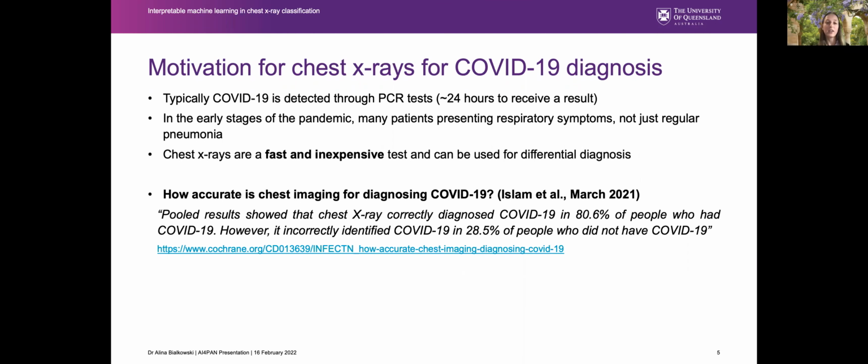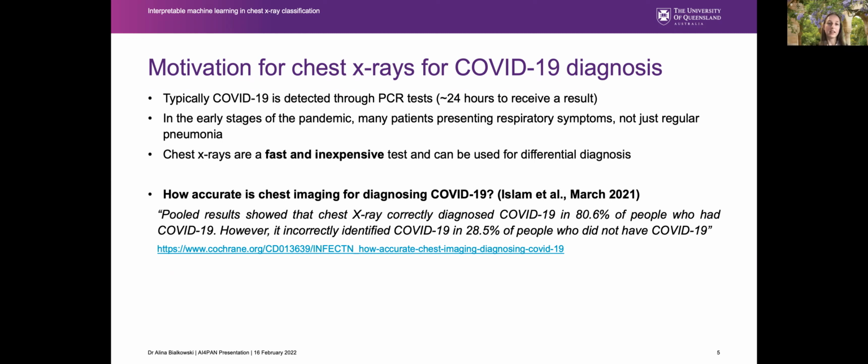That is highly accurate. However, in the early stages of the pandemic, it wasn't as common, or it didn't exist yet. So when patients were presenting to hospital with respiratory symptoms, it was clear that what they had wasn't just regular pneumonia, and there was something different coming out.